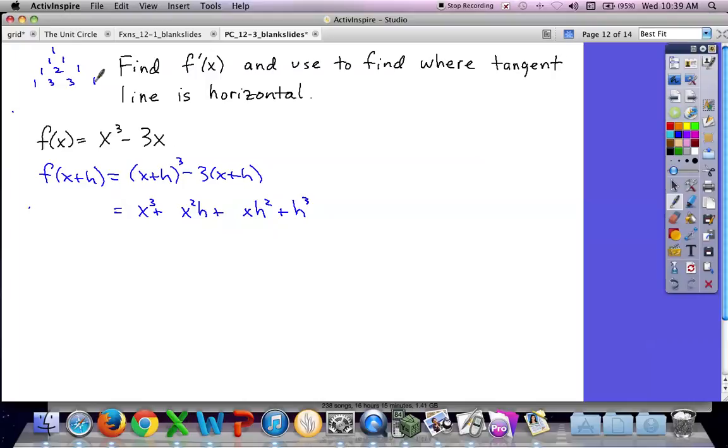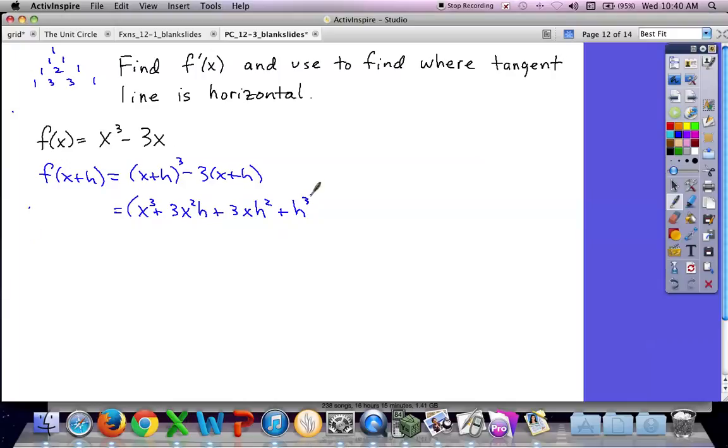In our case, we need 4. We have 4 terms, 4 coefficients. That's the line. 1, 3, 3, 1. So that's x plus h to the third. I know you don't see that one as much as x plus h squared, but that's one that you can get pretty comfortable with. 1, 3, 3, 1, I think we all know that one pretty good.